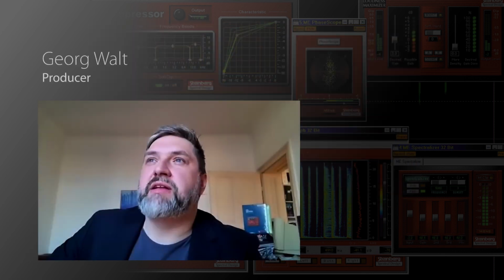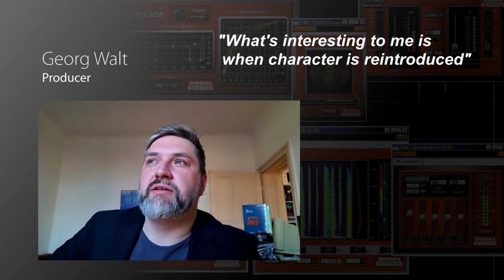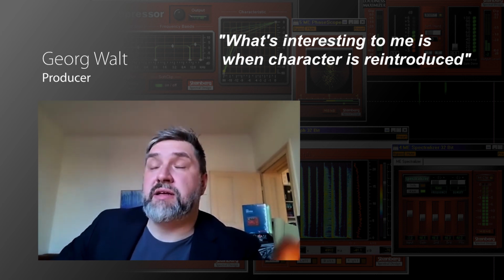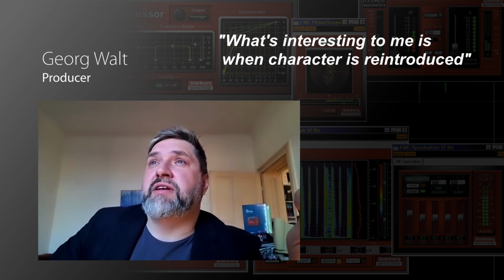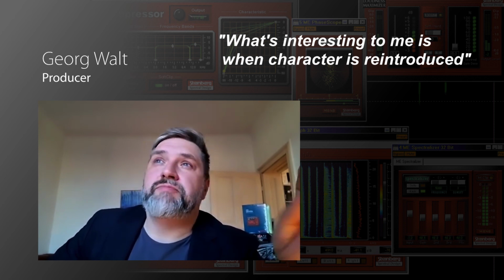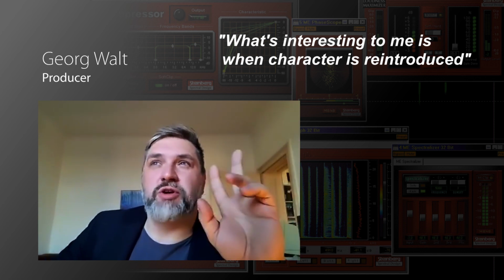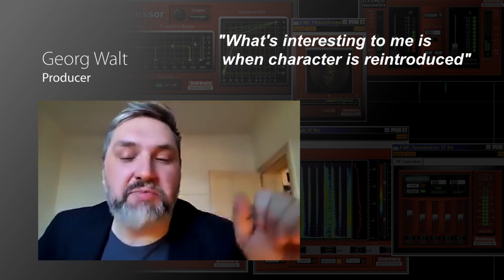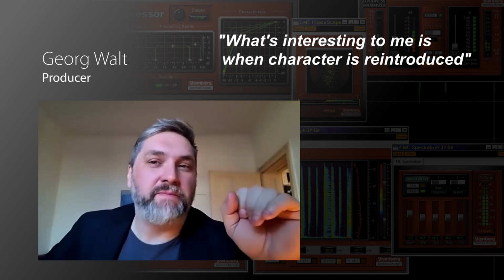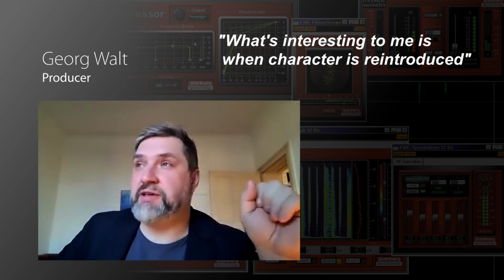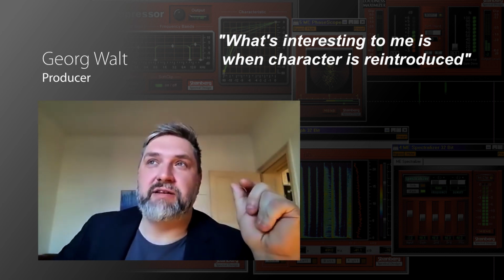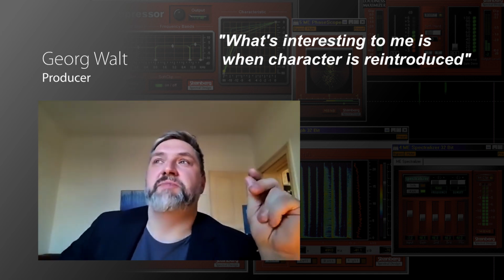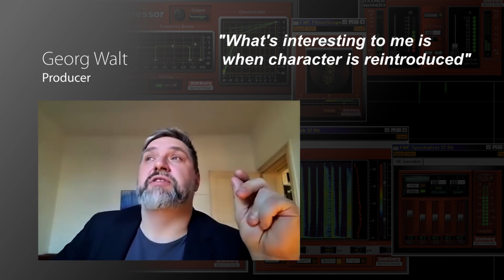In terms of plugins, there weren't a lot back then, but what's interesting to me is when character is reintroduced. There is the first console emulation plugin by Waves, the Renaissance compressor, which is still being used on vocals every day. In 1998, I think it came out, which is really important.